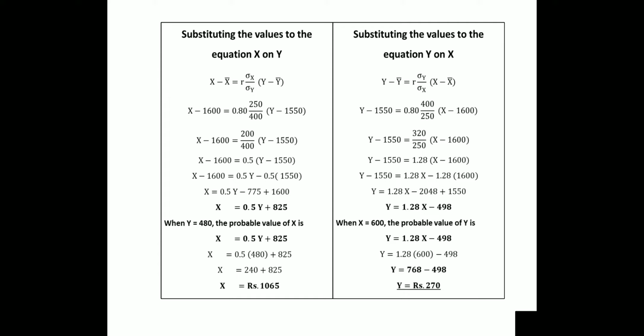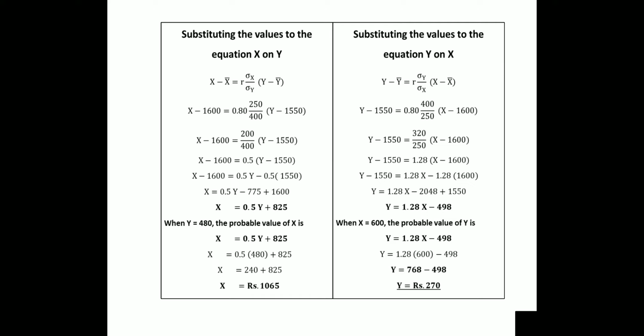Now, after simplification, x minus 1600 will be equal to 0.5 into y minus 1550. So that after the simplification, the equation will be like this, that is x is equal to 0.5 y plus 825.